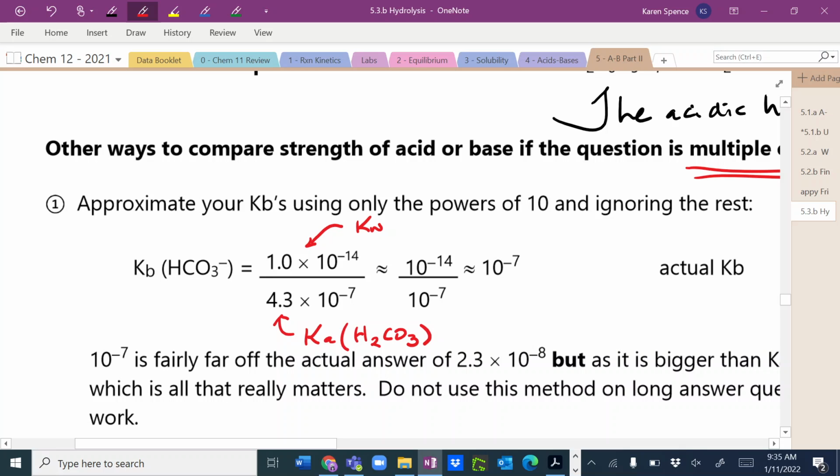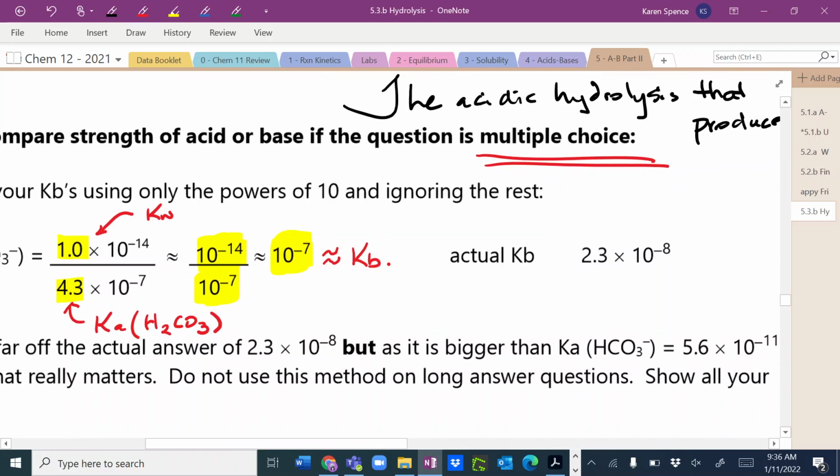You can just ignore the front part of the number and say, I'm just going to look at my 10 to the 14 and my 10 to the negative 7, and when I divide those two, I get 10 to the negative 7. So my Kb is approximately equal to 10 to the negative 7.